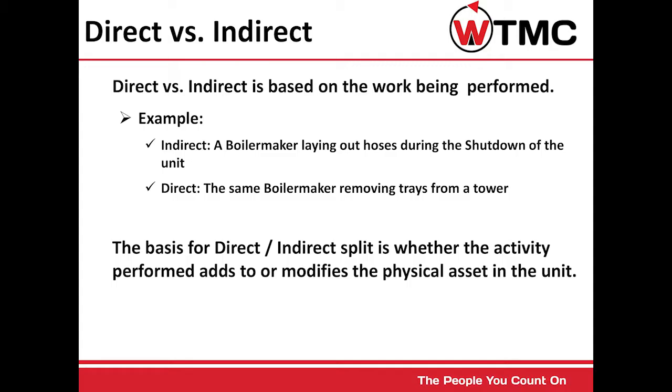All other resources are considered indirect. Direct labor are labor and materials involved in doing physical work on the unit. Indirect labor involves equipment and materials which are utilized in support of the direct work.